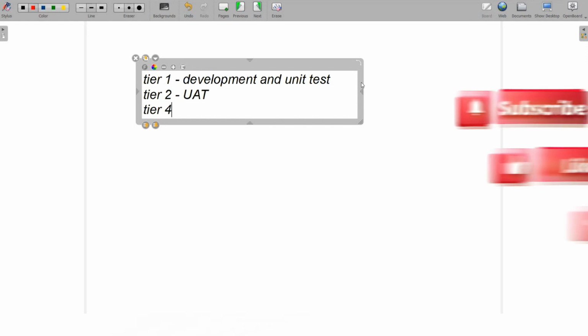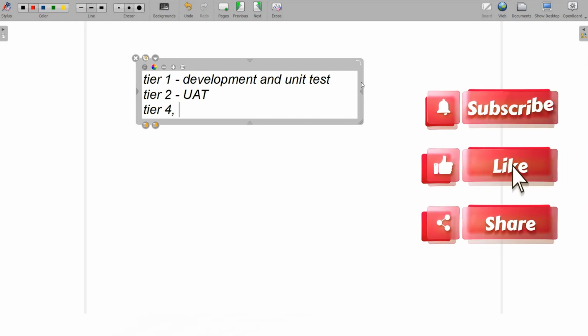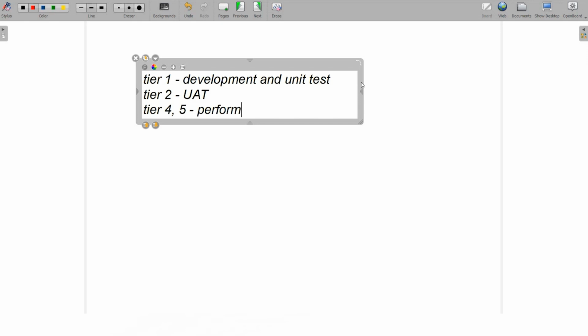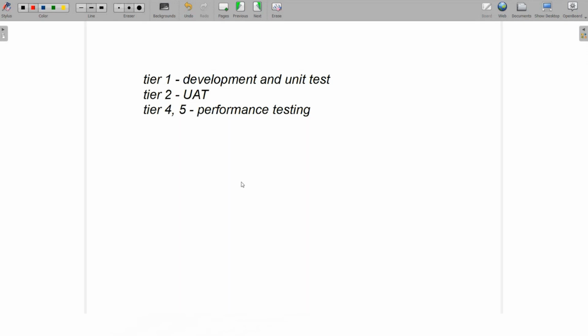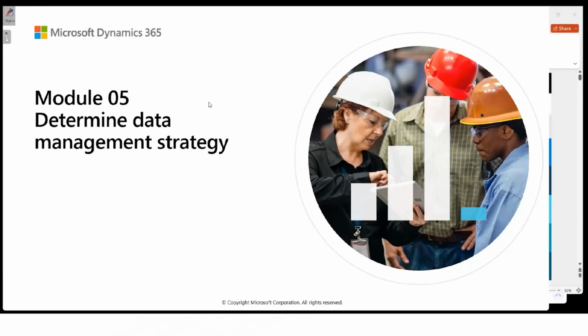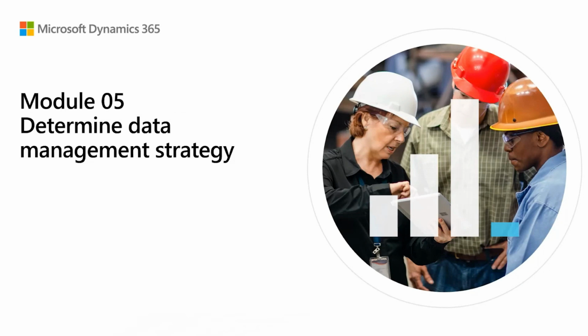Tier 4, Tier 5, used for performance testing. Environment planning would also be a major component of your solution blueprint, which you're going to add on to your solution blueprint. With that said, let's move on to the next module.